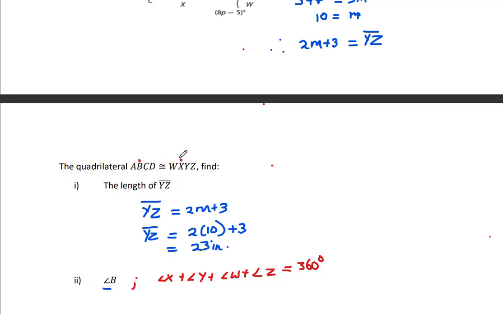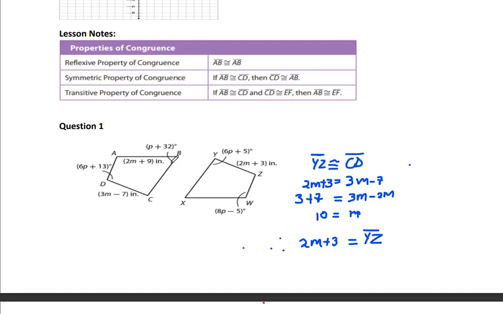They are positioned at the same place. So with that in mind, since angle B should be equal to angle X, then we can deduce that angle X should also be equal to the expression given for angle B, which is P plus 32 degrees. So that's the value of both angles B and X.